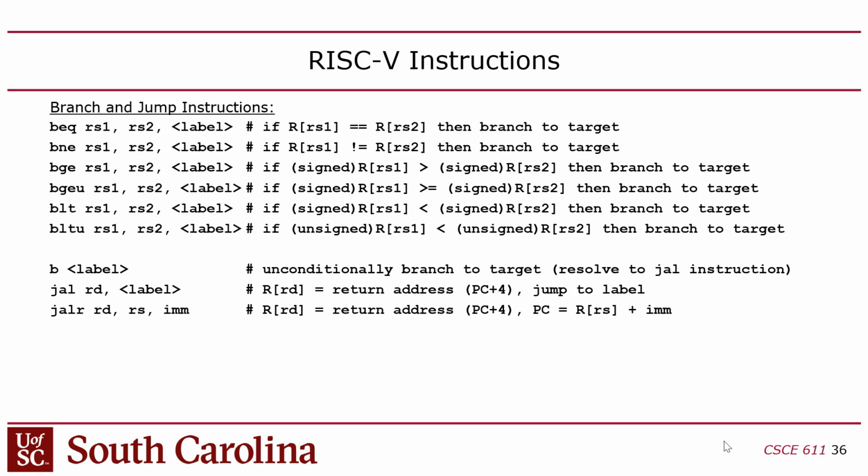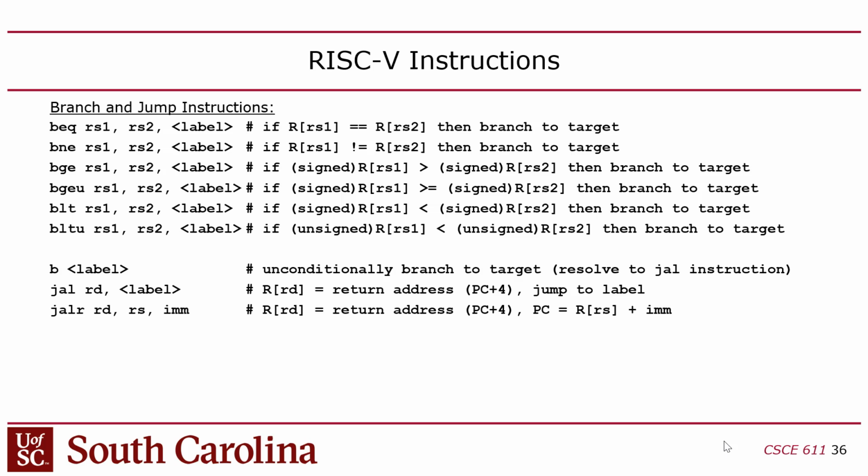And then you have these unconditional jump instructions. There's a branch, which really should be jump, but they call it branch. So in MIPS, this was jump. This is the unconditional jump to a label. Then there's a jump and link that links back to the destination register.